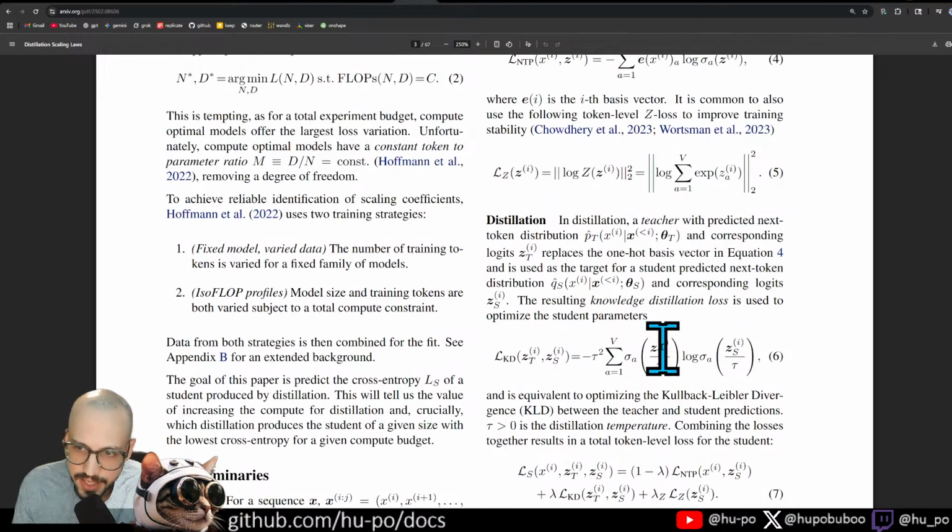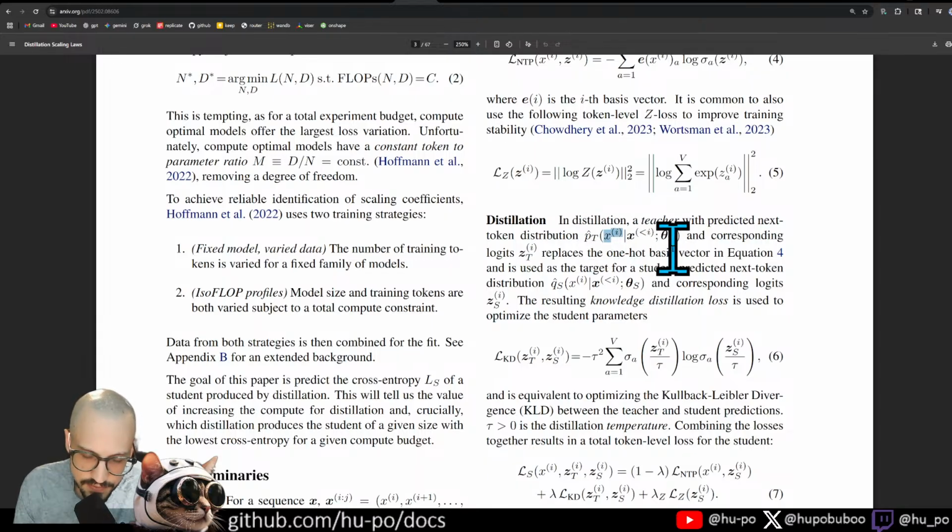The problem with this type of distillation is that you need the logits, right? Distillation if you have the logits, versus distillation if you don't have the logits, is way less efficient. Because when you have the logits, that means you have the full probability distribution over all possible tokens for the next token.